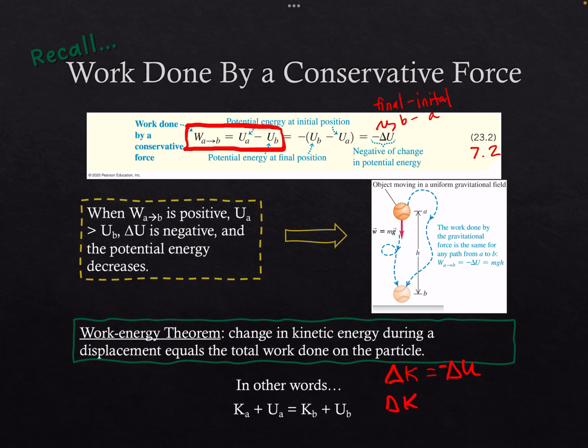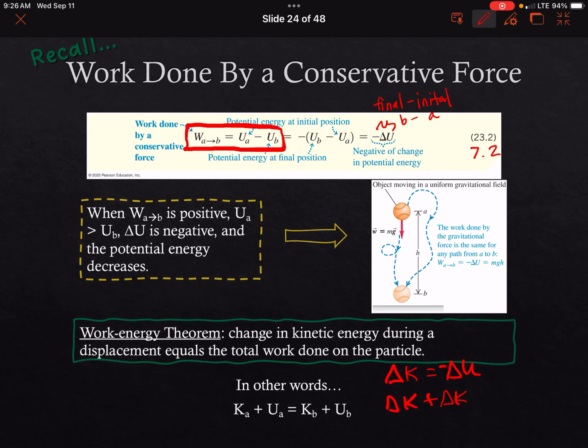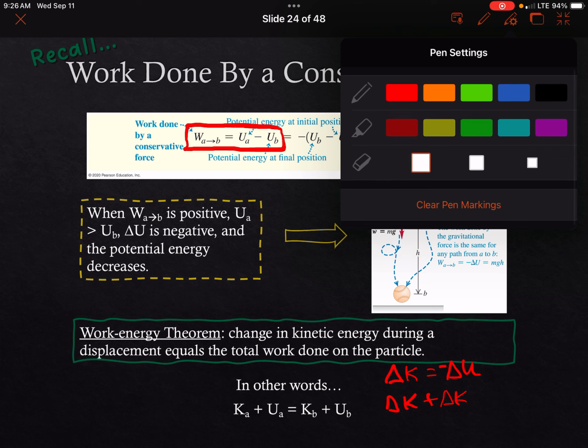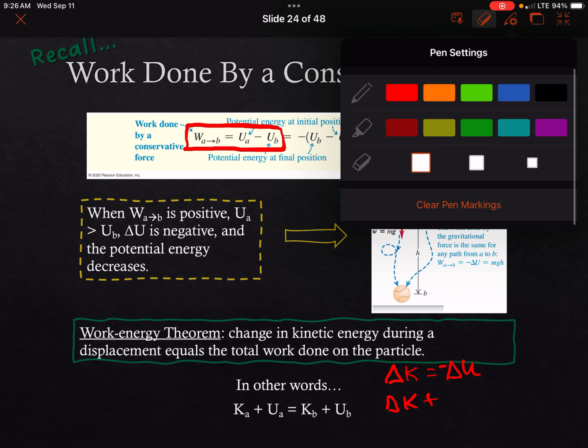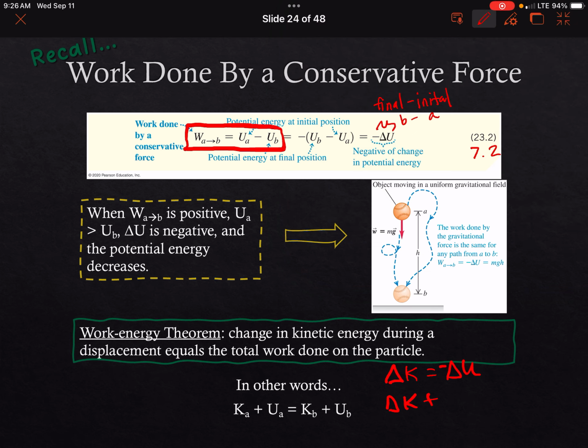And where that comes from is the fact that the total change in energy of the system is 0. Oops, sorry, that should be a U, not a K. That's another condition of a conservative force. The work energy theorem is another statement of those two, and that's where this comes from.